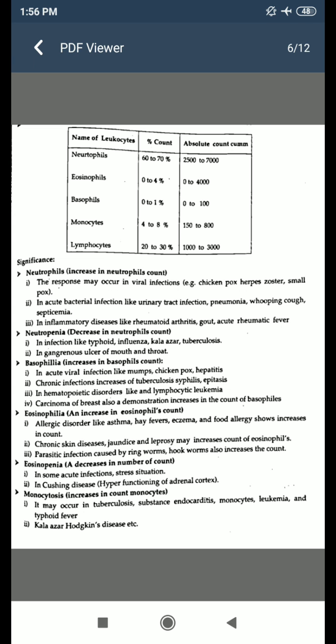Then next is thrombocytes, also called platelets. Thrombocytes are the functional formed element of blood and are involved in blood clotting after vascular injury. The normal range for thrombocyte count is 1.50 lakh to 3 lakh per cmm.